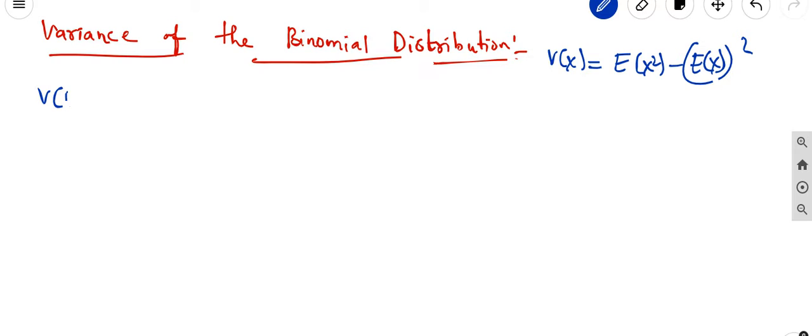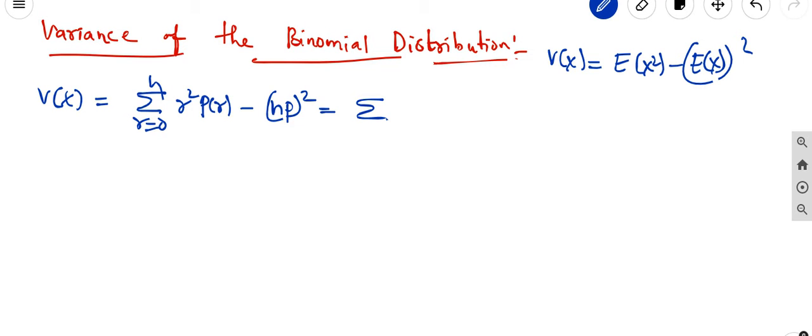That is, V of X is equal to summation r equal to 0 to n of r square P of r minus np whole square. It is equal to summation r equal to 0 to n of r square into nCr p power r q power n minus r minus n square p square.